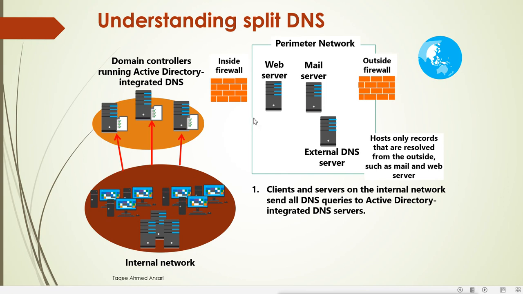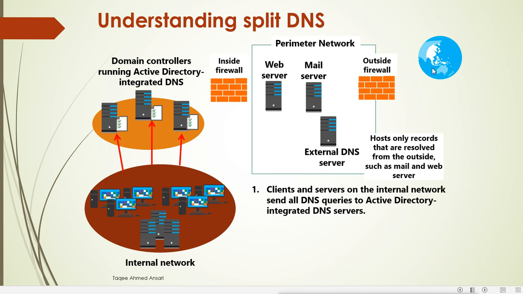Now for resolving names, we should have a DNS which is a split DNS. For example, if anyone wants to access our web server, it will do all the recursive queries from the internet, and it will get the IP address of our DNS server from the top level DNS server.